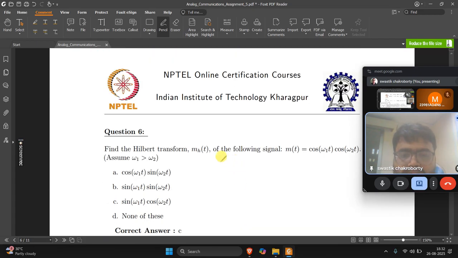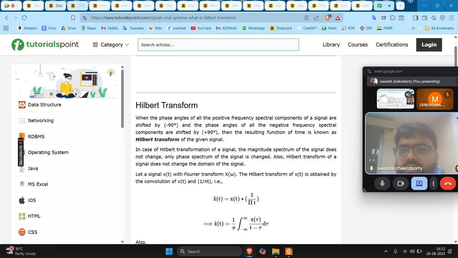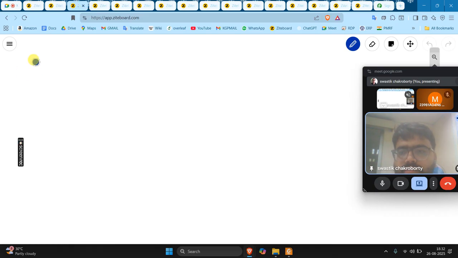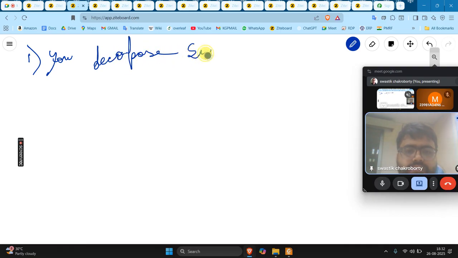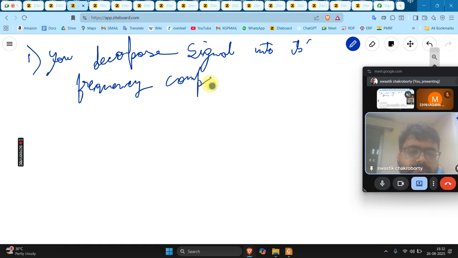Find the Hilbert transform mht of the signal cos omega 1t cos omega 2t. So what are the steps of calculating Hilbert transform? First, you decompose the signal into its frequency components.